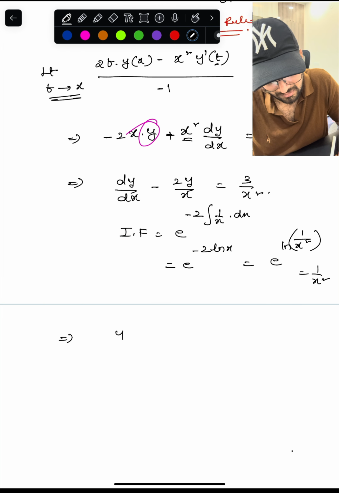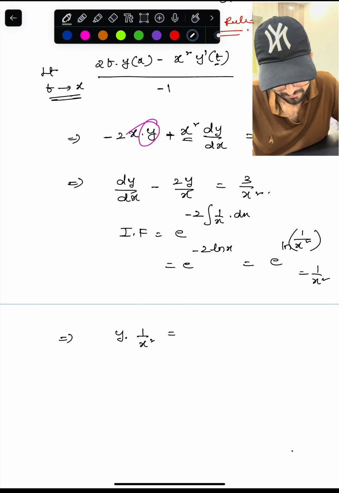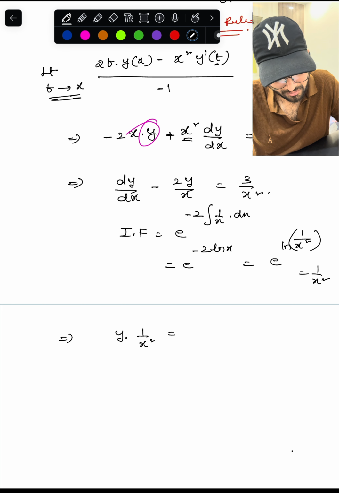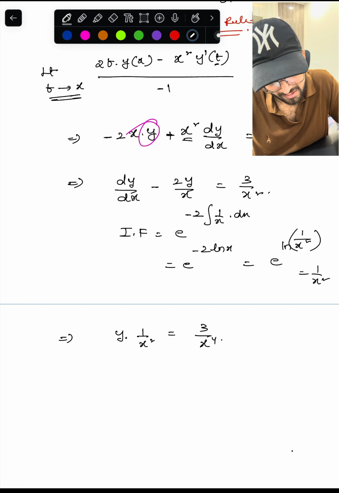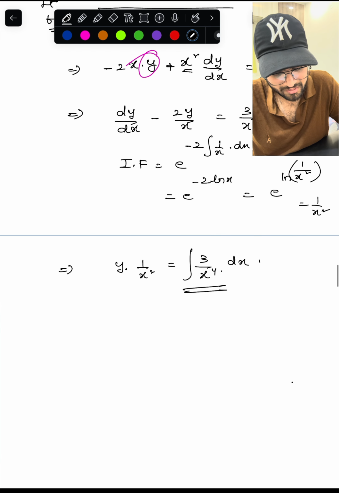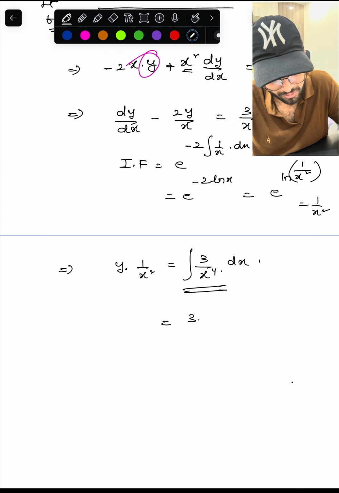So now directly y into 1 by x square equals the integration of 3 by x power 4 dx, right? Now integrate it. So 3 into x power minus 3 by minus 3, plus c.